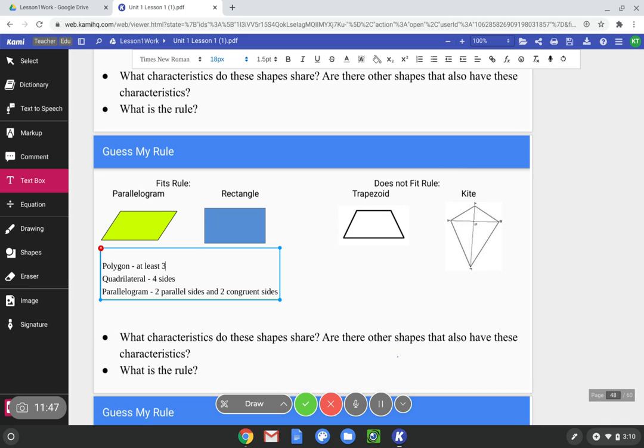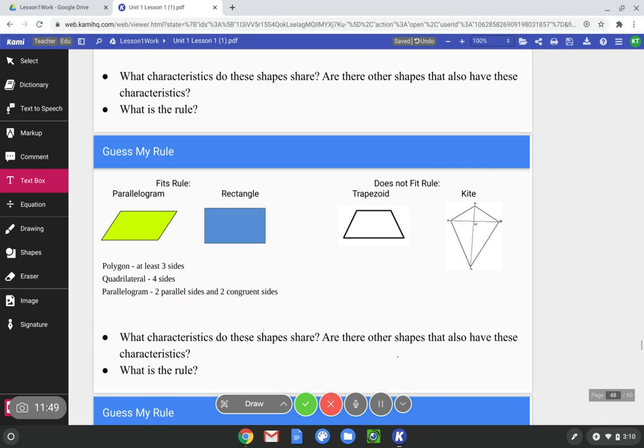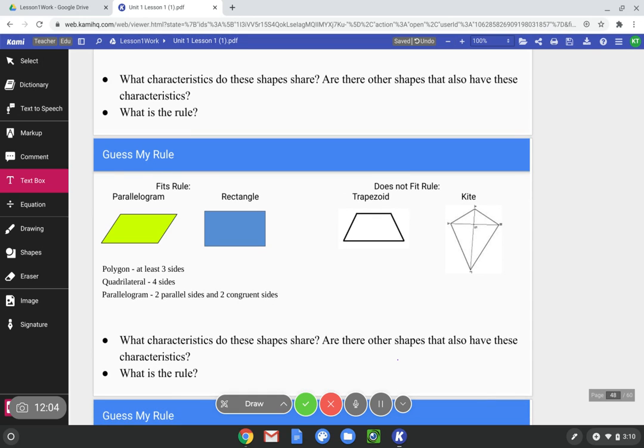And they're both parallelograms because they both have two pairs of parallel sides and two congruent sides. Well, polygon can't be the answer because a trapezoid and kite are also polygons, and they don't fit the rule. So I know that can't be the rule because these are also polygons.